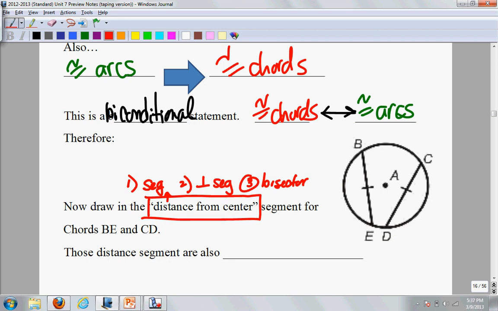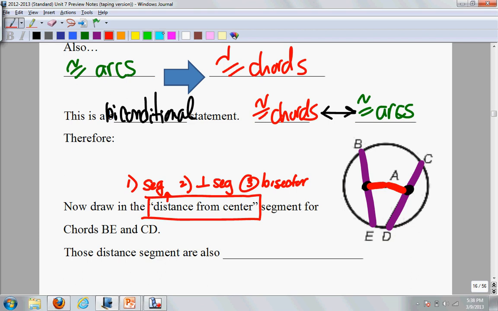So what that means is in this circle, we know that we have congruent chords. BE, notice the hatch mark, is congruent to CE. Now if the chords are congruent, the distance from the center, remember that from the center is a segment, so we're going to draw in a segment. It's going to bisect the chord and is perpendicular to the chord. So there's your midpoints. From the center, that right there is the distance, and that right there.